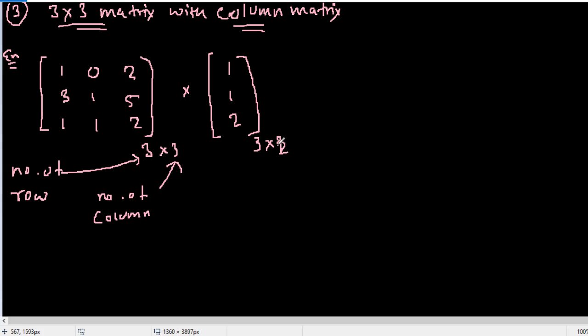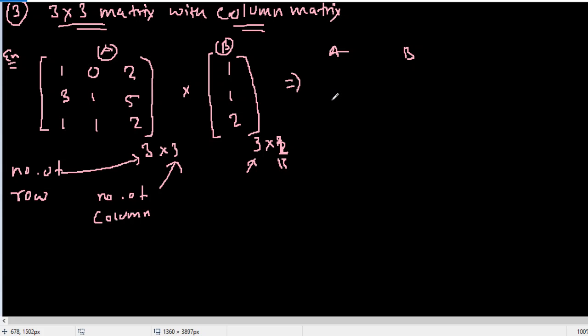This one is the number of rows, and this one is the number of columns. So let's see whether this fulfills the condition of matrix multiplication or not. For that, take it as an A and take it as a B matrix.